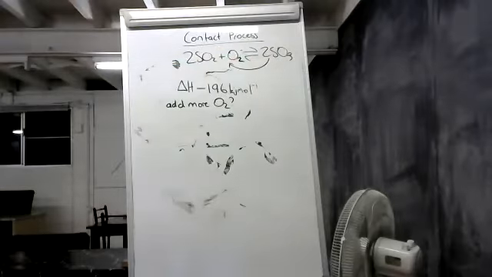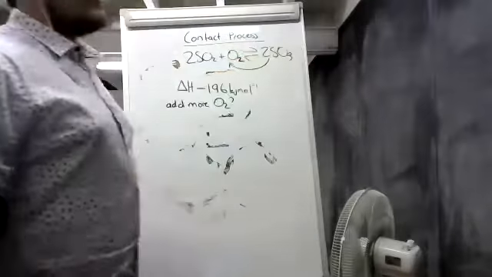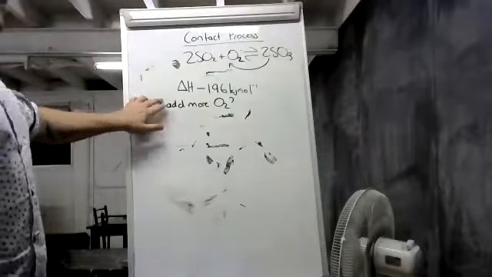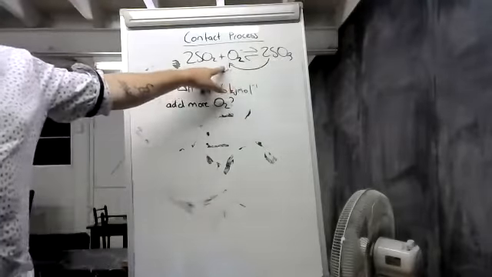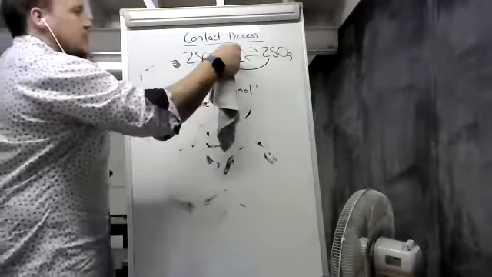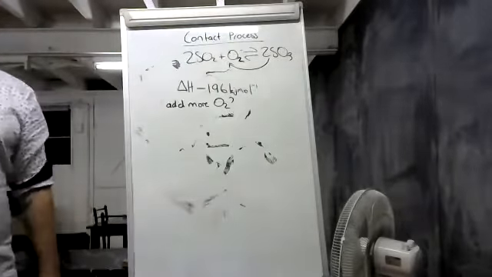So the answer to that question in an exam is by adding more O2, you will increase the fraction of the product, but if you add too much, you'll actually send it back the other way. Because when you add too much O2, there's inefficient collisions between SO2 and O2.